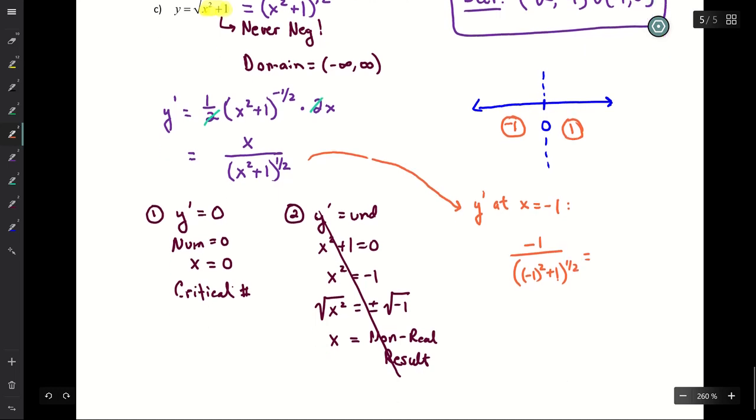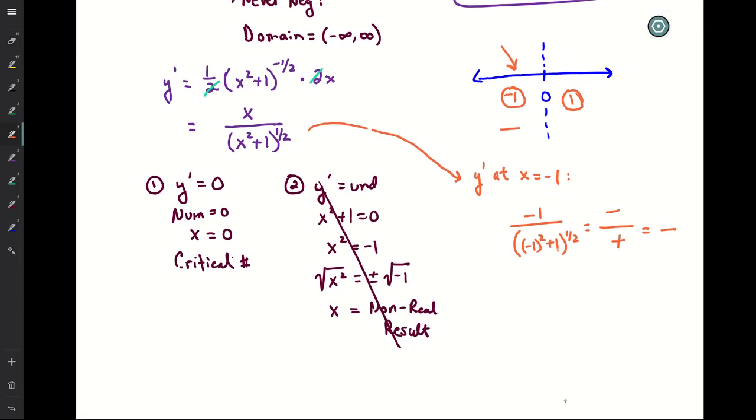On the top, it's for sure going to be negative. On the bottom, we have negative 1 all squared. That's going to be positive. And then 1 plus 1, that's going to be 2. That's going to be positive. And when I take the square root, it's still going to remain positive. So the bottom value is positive. Negative divided by positive is negative.